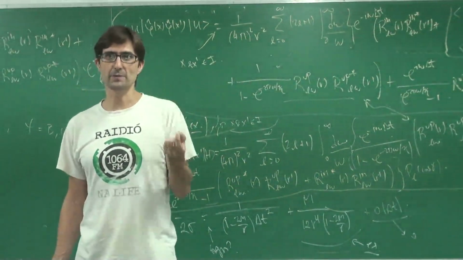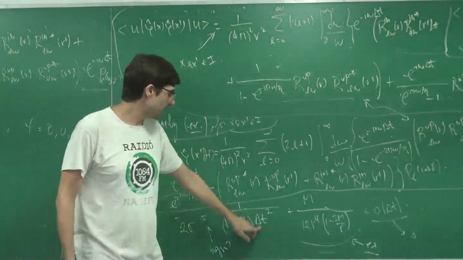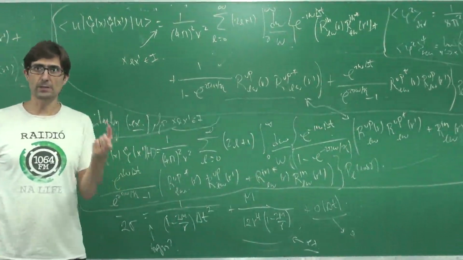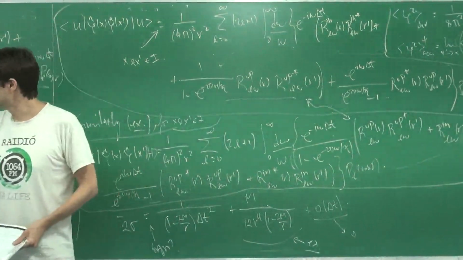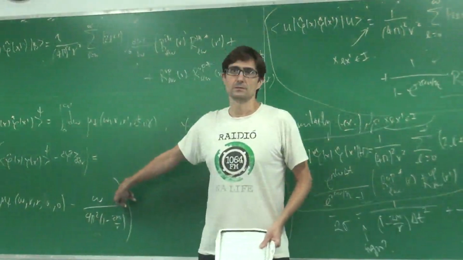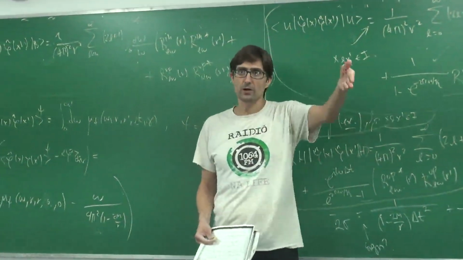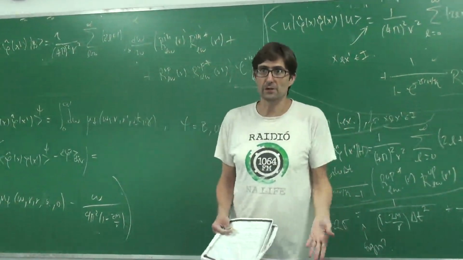It's a large frequency divergence. This term, which diverges as delta t goes to 0, comes from the fact that the integral of omega between 0 and infinity diverges.